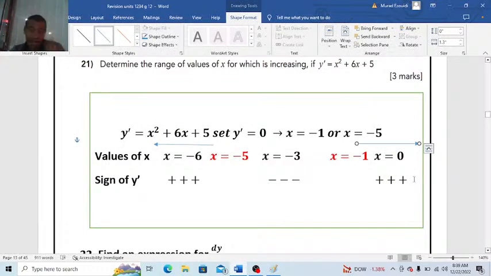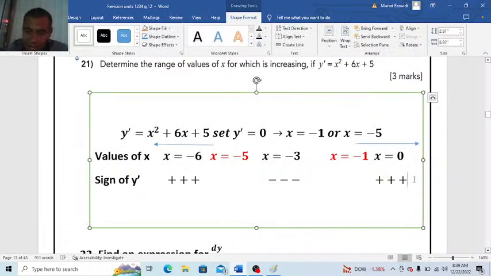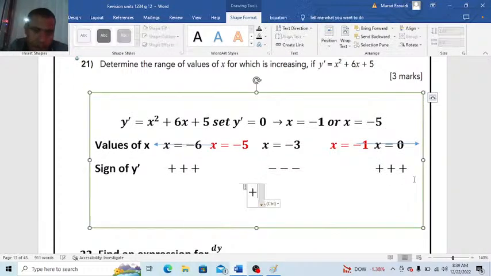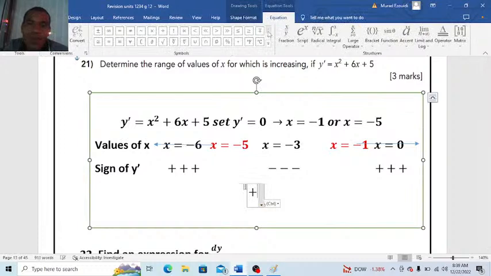So we can write, as a conclusion, the range is what we told: x should be less than or equal to -5.